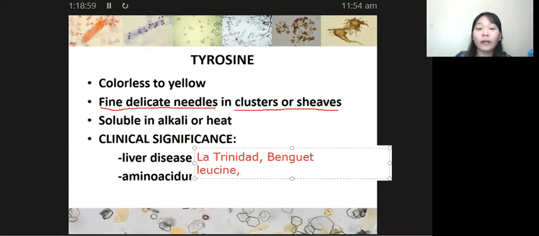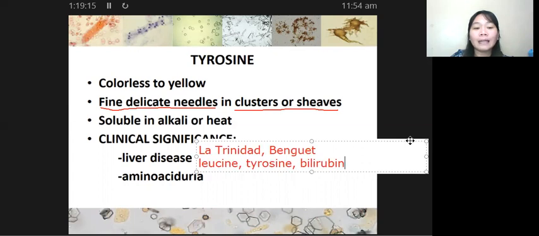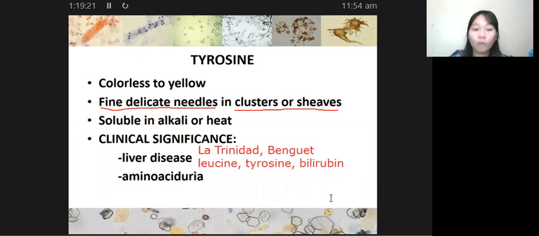L stands for leucine. T stands for tyrosine, and of course B stands for bilirubin. So these are the crystals which are associated with liver disease.